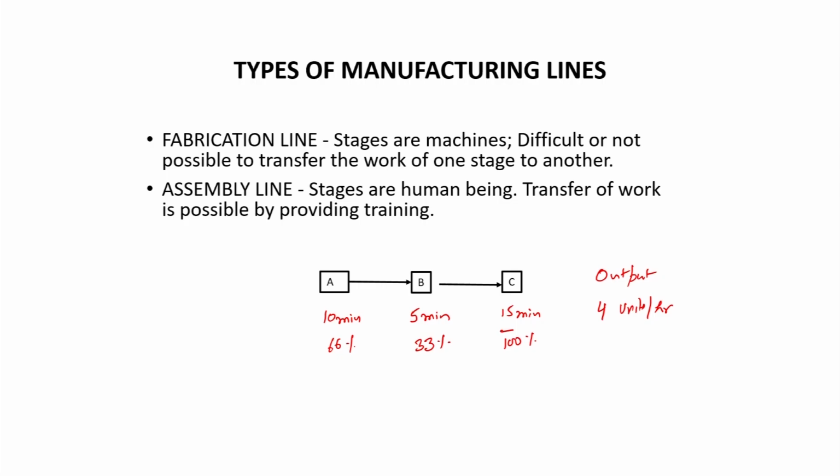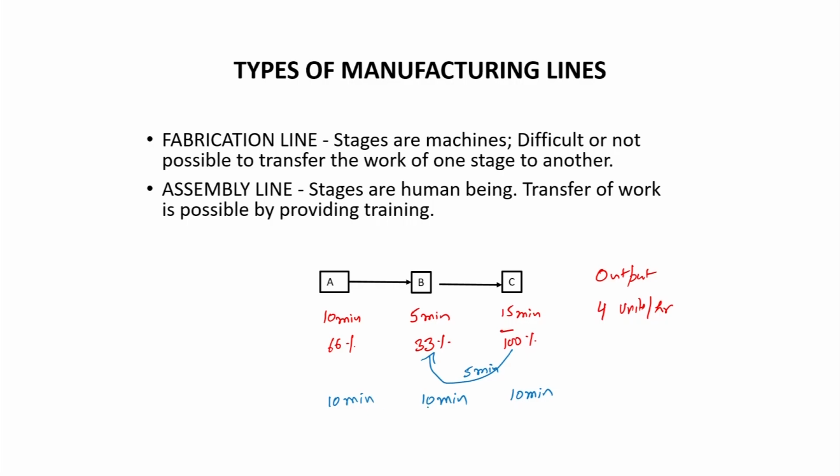So, what we can do as a line balancing in this case is, somehow if we are able to shift 5 units of work from workstation C to workstation B, then this workstation will have a work of 10 minutes, this workstation will also have a work of 10 minutes and this workstation will also have 10 minutes.